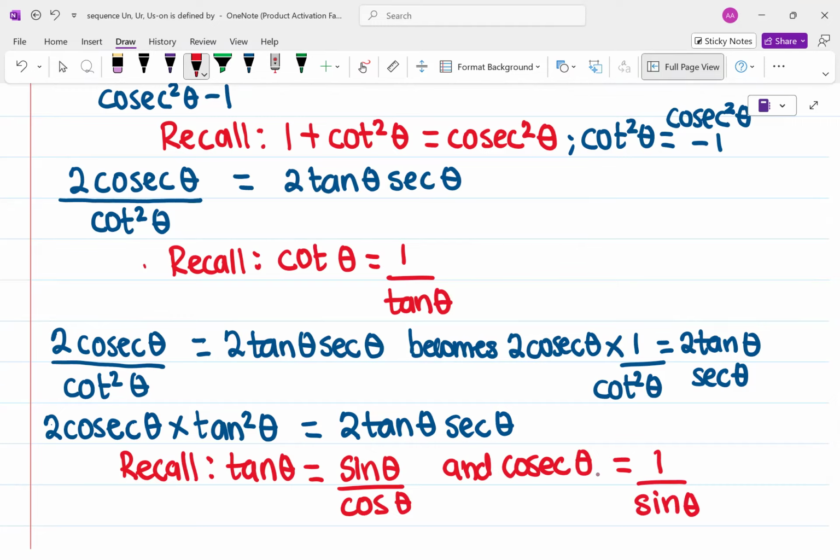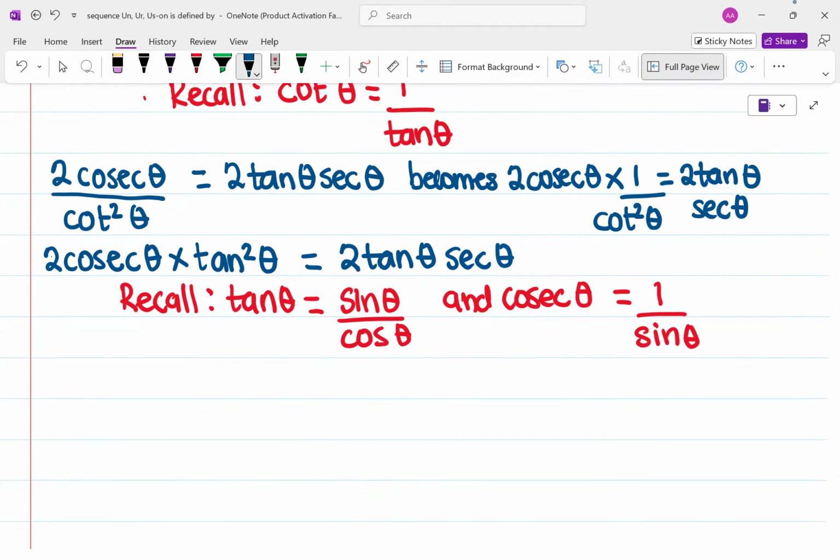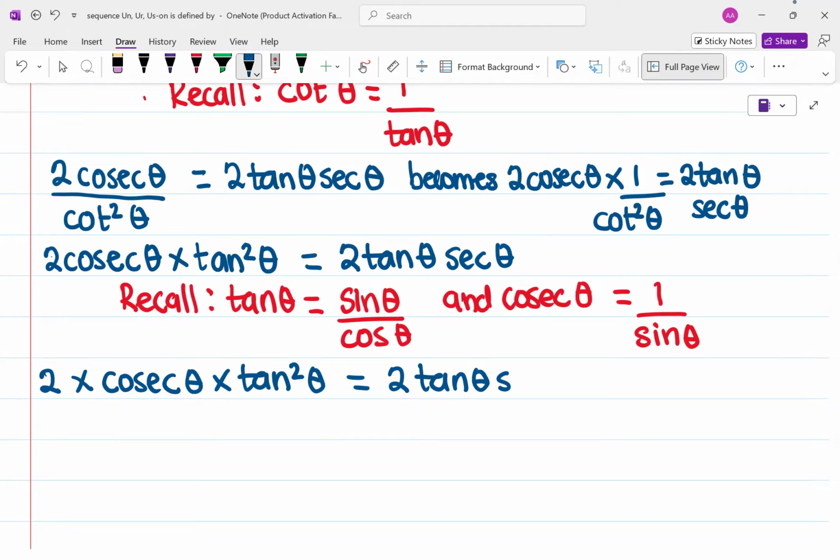If I substitute on the left-hand side, this becomes 2 times cosec theta times tan square theta equals 2 tan theta sec theta.